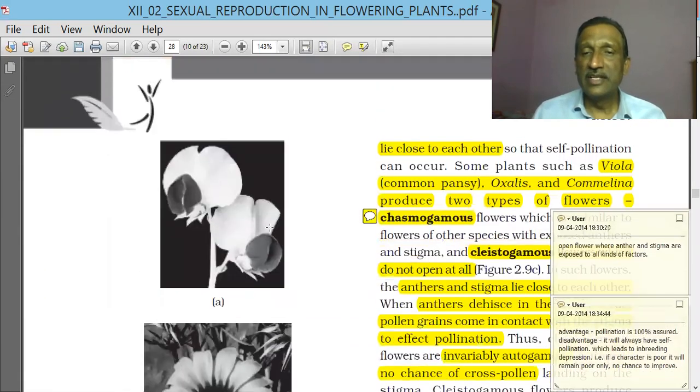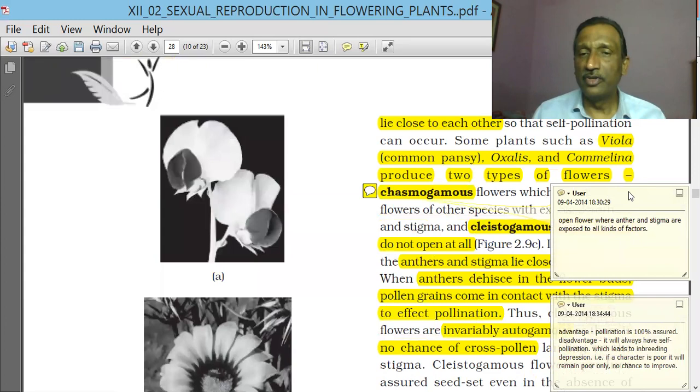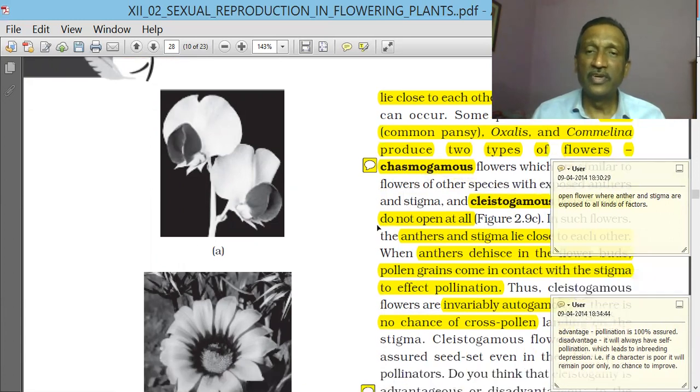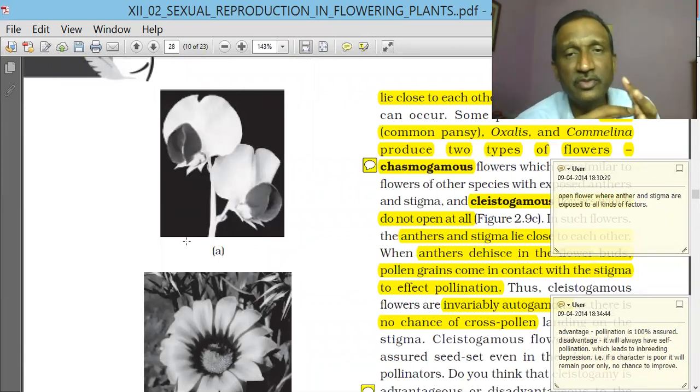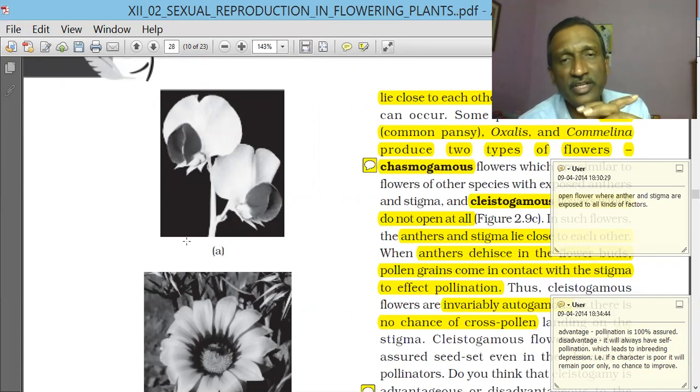Next to autogamy, there is another type of pollination called geitonogamy. But before studying geitonogamy, we should study two different types of flower, that is the chasmogamous and cleistogamous flowers. Now, what are chasmogamous flowers? Chasmogamous flowers are those flowers which are open and exposed, where their anthers and stigma are exposed to any type of agents.